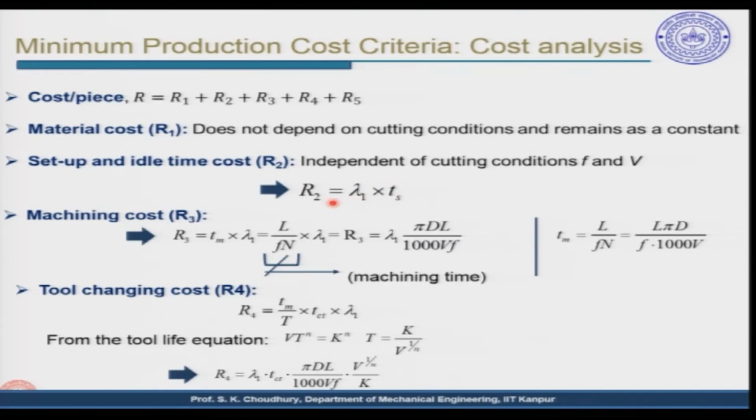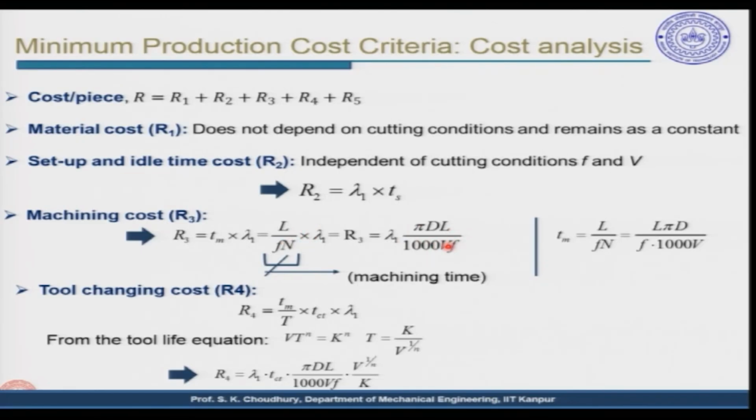Now, the machining cost will be the machining time Tm multiplied by the cost that we are incurring for that time, that is lambda 1, which is overhead plus the labor cost, per piece. Now, Tm, we know, is L by Fn, and n can be substituted because pi dn is equal to velocity.